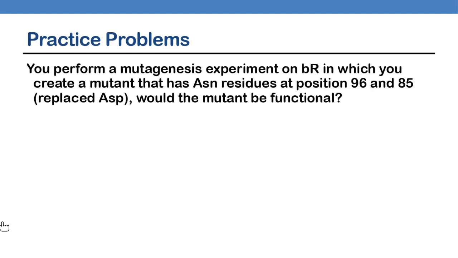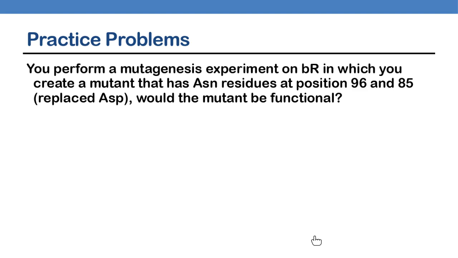Okay. So we have people saying asparagine doesn't have the carboxyl group that's going to be able to take a proton and transport it. And then someone also said the Schiff base could still act as a proton acceptor donor. Someone's saying taking away the charged amino acid, aspartic acid is charged.